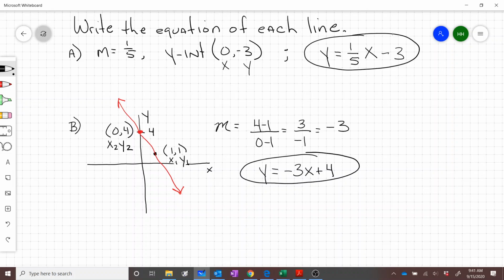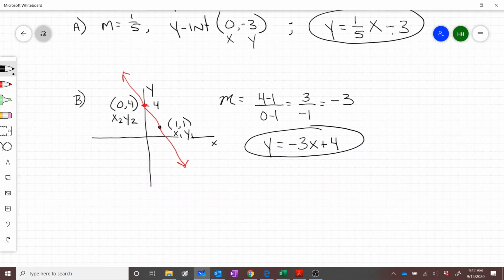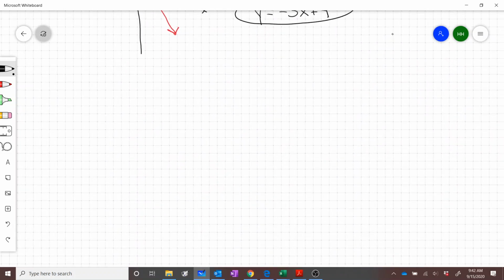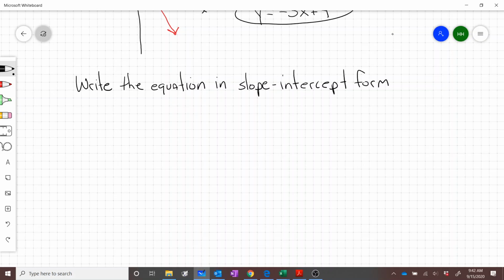All right, a couple more examples to talk about. Again, we're going to rewrite the equation in slope-intercept form and list the slope and y-intercept.